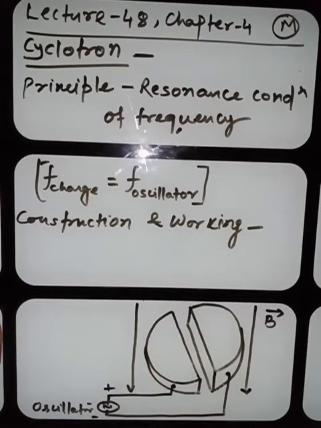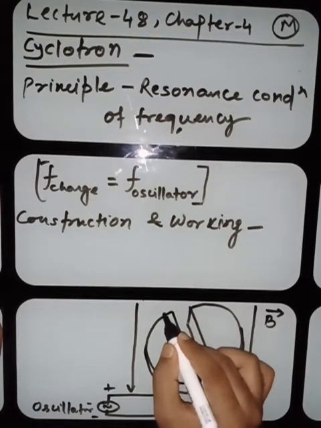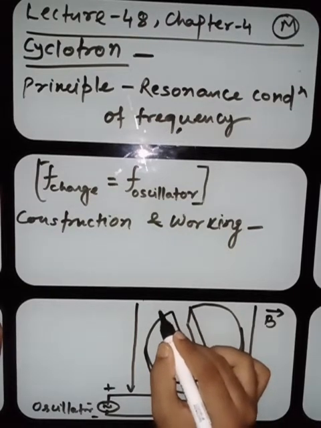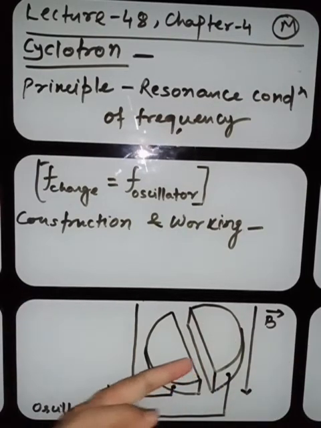This oscillator will provide the electric field. We know that in metal the electric field will be established. So if one plate is positively charged and the other negatively charged, then the electric field will be in this direction.